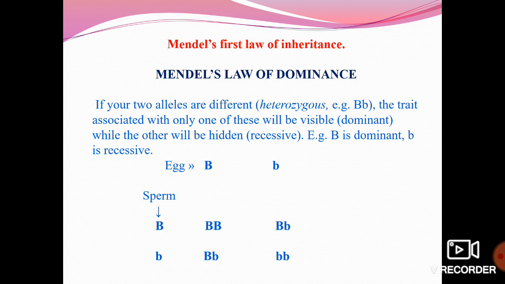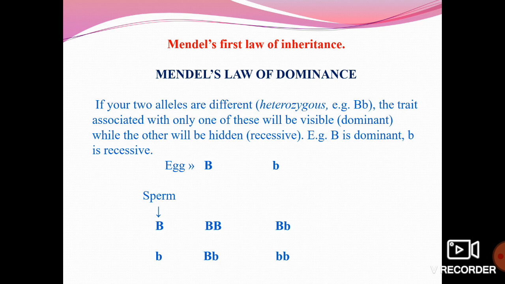What Mendel did, he selected tall pea plants and dwarf pea plants and kept on self-breeding them, and found that after some time the tall plants keep on producing tall offspring while the dwarf plants keep on producing dwarf offspring.